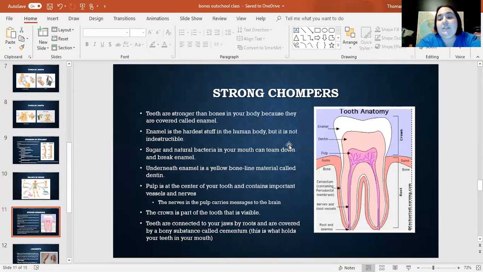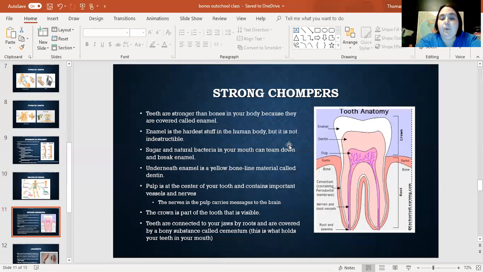But because of where it's located in our body, it has natural bacteria from your saliva and also sugar. You also get bacteria because you put food in your mouth, which is made of different nutrients, different bacteria, different things that are going to break down that enamel, which can cause a cavity, which is a hole in your tooth.